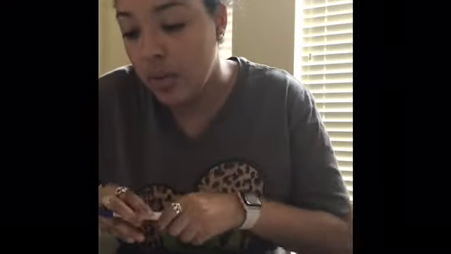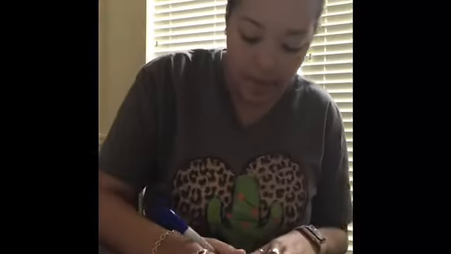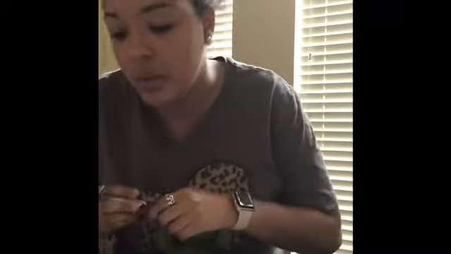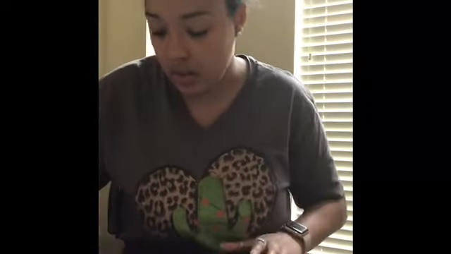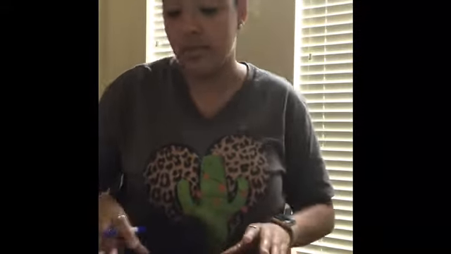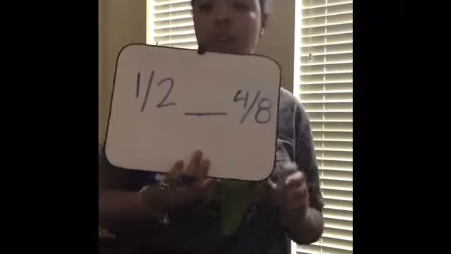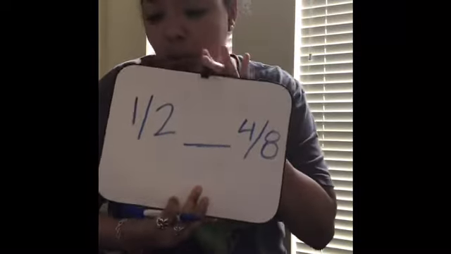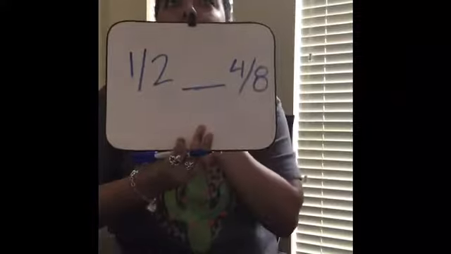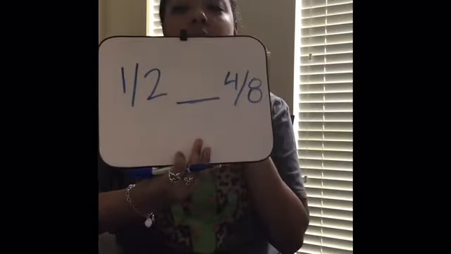So, for the first example, we're going to do 1/2 compared to 4/8. And you can use the fraction strips, but we're going to move on and we're going to see, what do we notice and wonder? What do we notice?